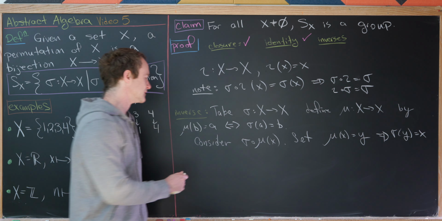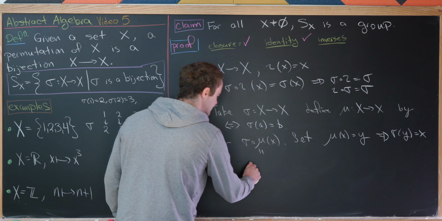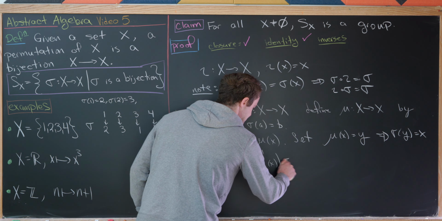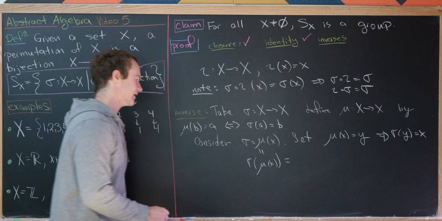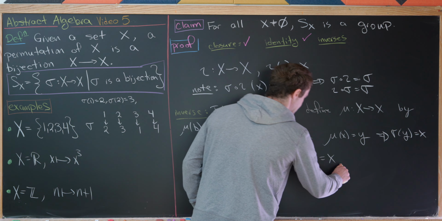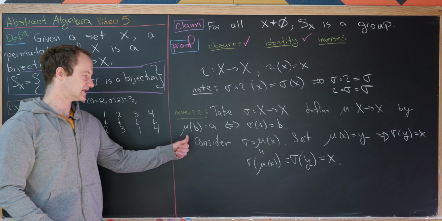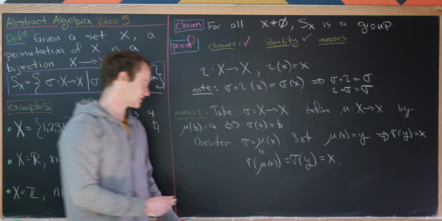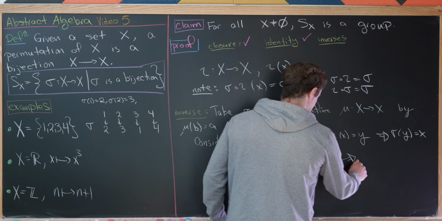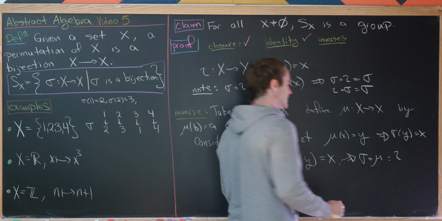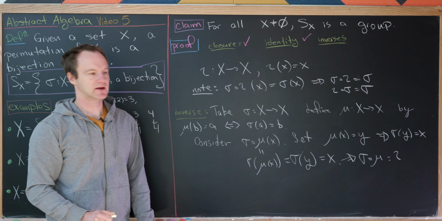Great. But now we can decompose this thing into sigma of mu of x. But by our notation over there, that's equal to sigma of y, but that's equal to x. So we see that sigma composed with mu is equal to just whatever we started with. But that means that sigma composed with mu is indeed equal to the identity function.